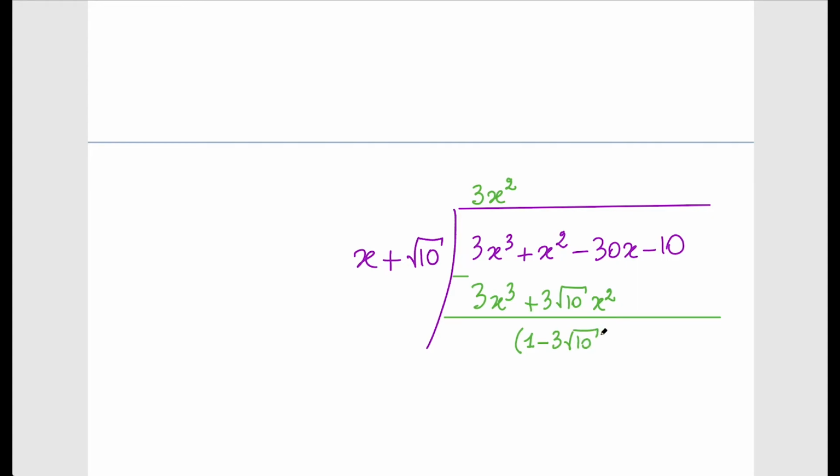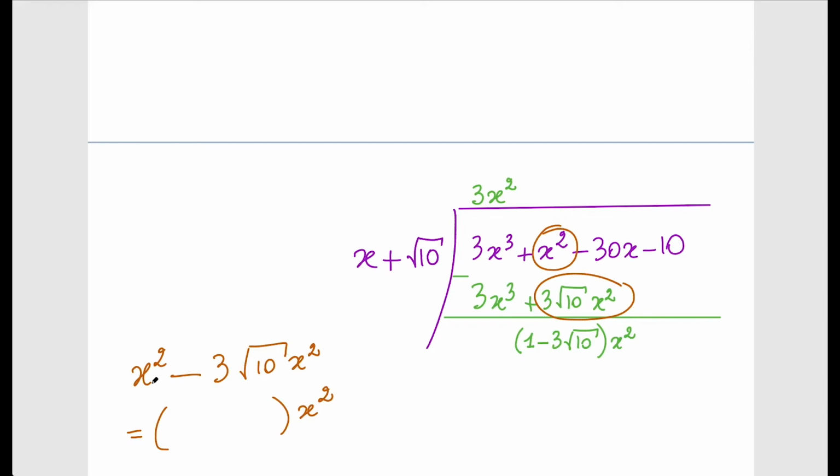x squared, like this. So let me clarify, just in case you have a question here. I need to subtract this entity from this entity, correct? So I'm subtracting from x squared this guy, which is 3 square root of 10 x squared. Correct? So what I've done is I simply factored out x squared, and here I get 1 minus 3 square root of 10.